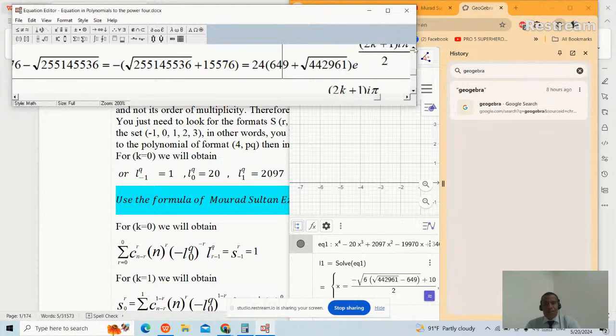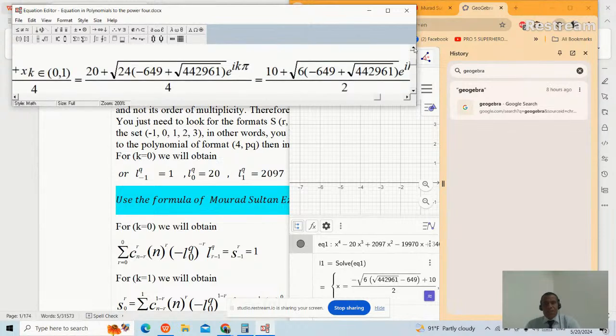Okay, up. This one, yes. So you can see this one, minus, this is 10 minus 6, then root of this number minus this one over 2. Okay, so this is the first value, and the next value is the opposite.